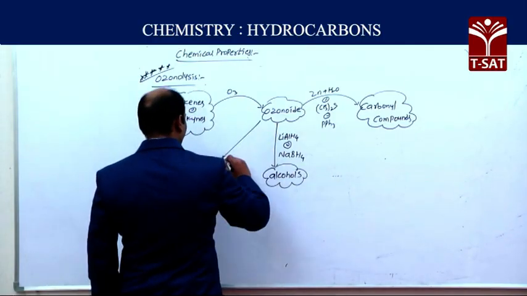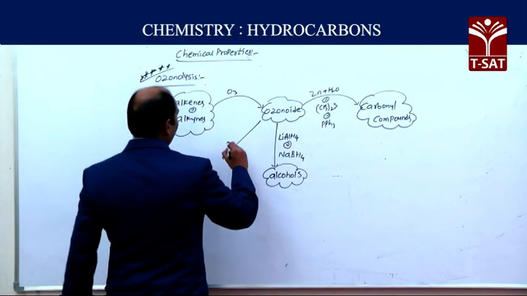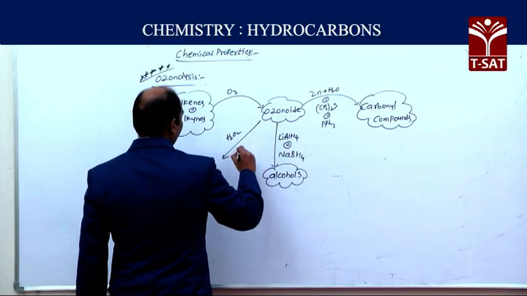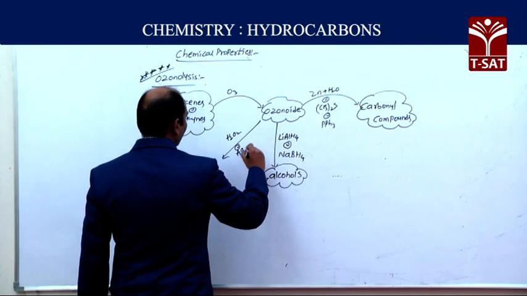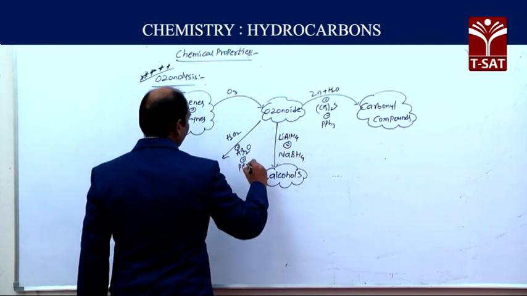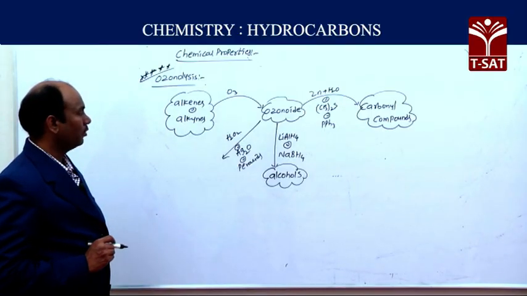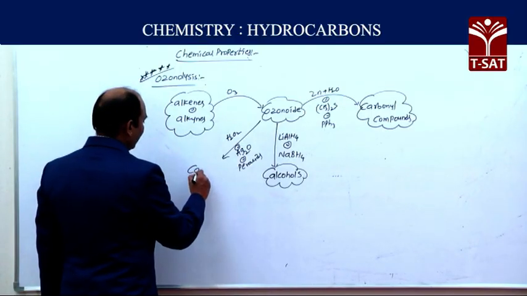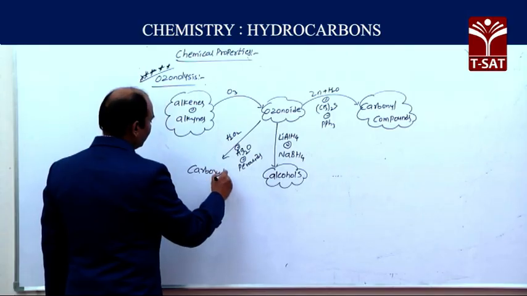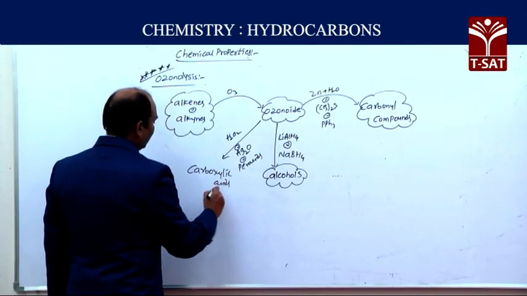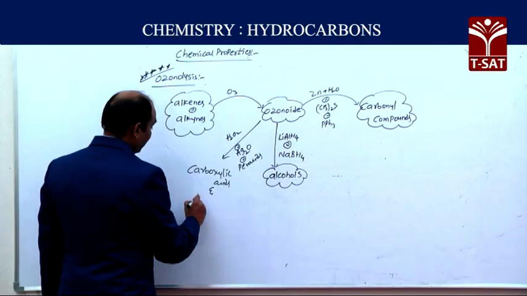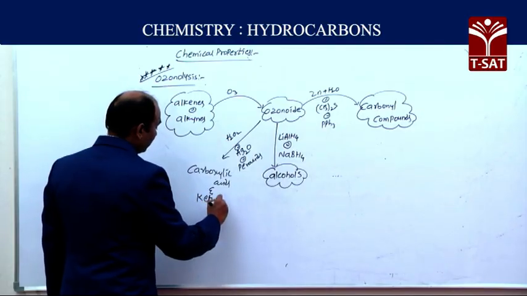Next, when this ozonide is treated with H2O2 or Ag2O or peracids, in the presence of peracids or H2O2 or Ag2O, we get carboxylic acids and sometimes ketones are also formed.